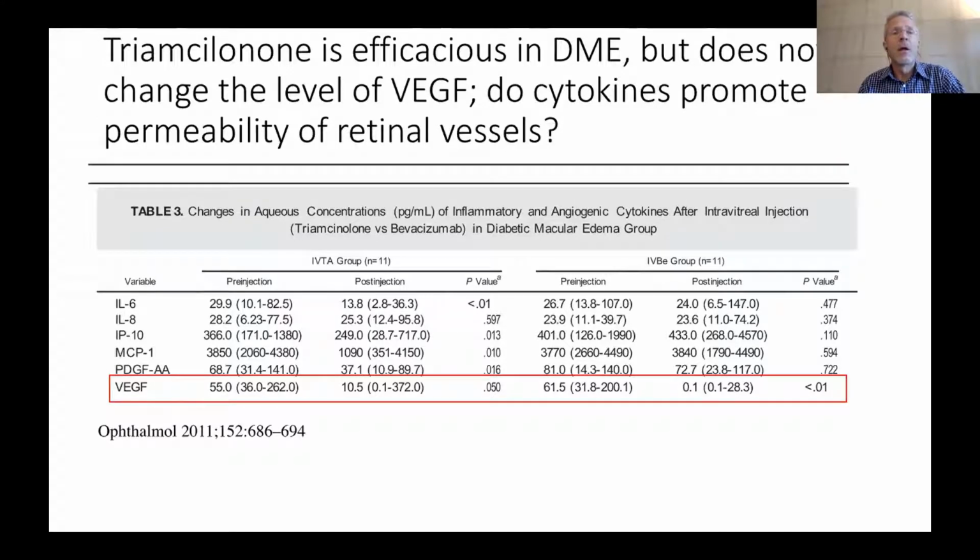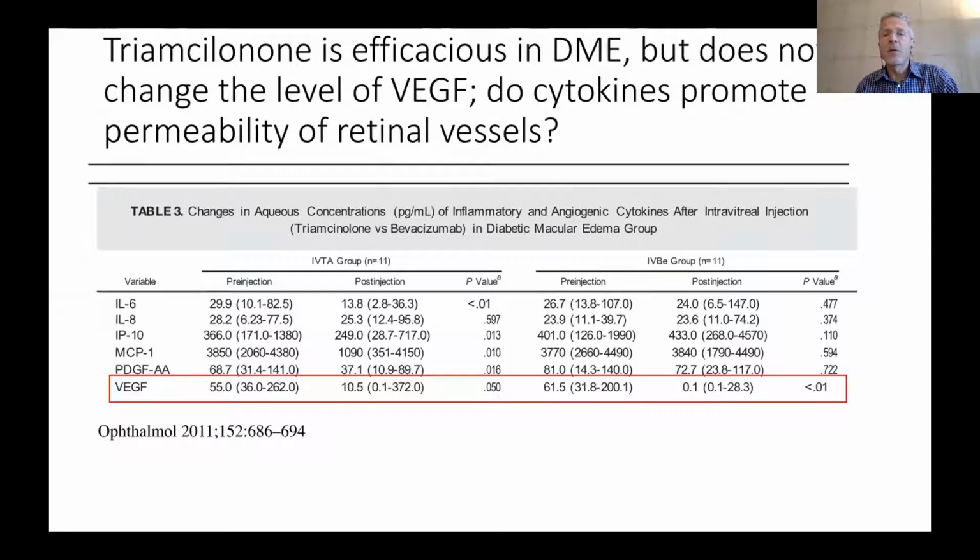For instance, here we have a table from a study in which patients with diabetic macular edema were treated with either triamcinolone, which is a steroid and reduces the level of cytokines, or bevacizumab, which is the full-length anti-VEGF antibody.